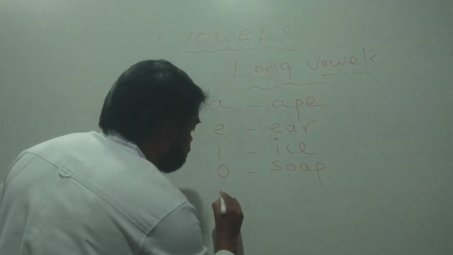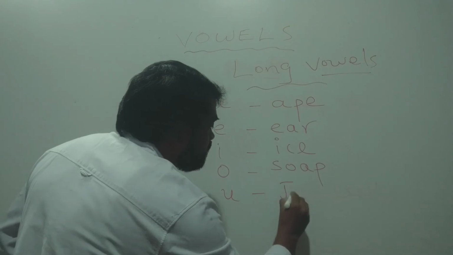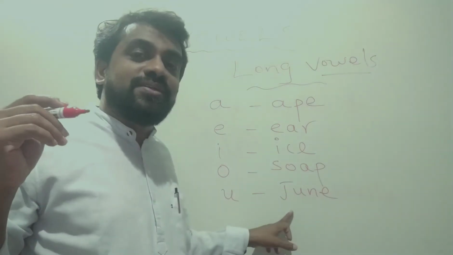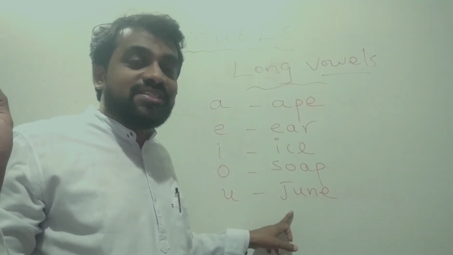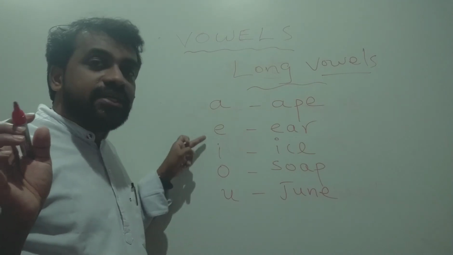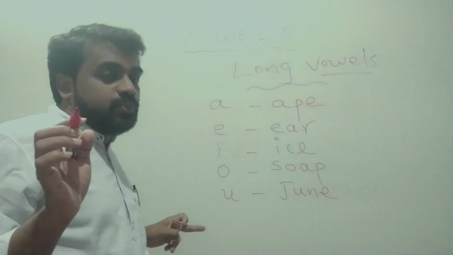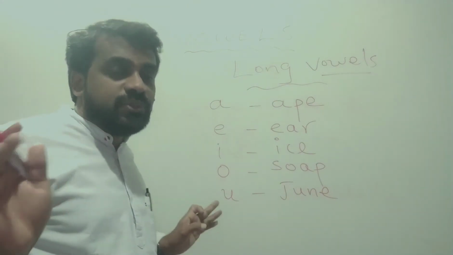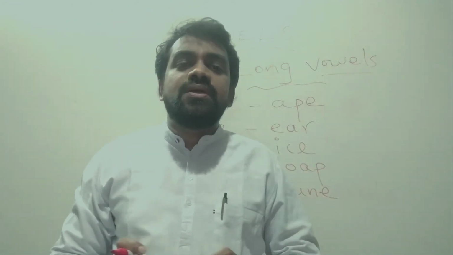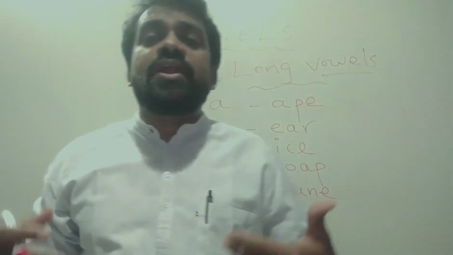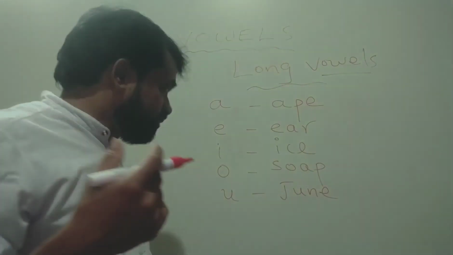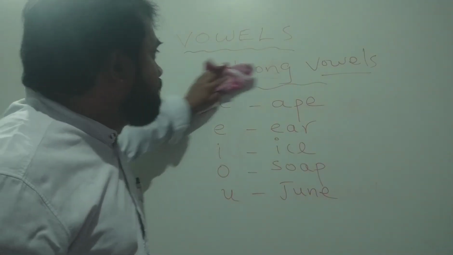Next U as in June. So here long vowel sounds are like A, E, I, O, U. That is the sounds of long vowels.